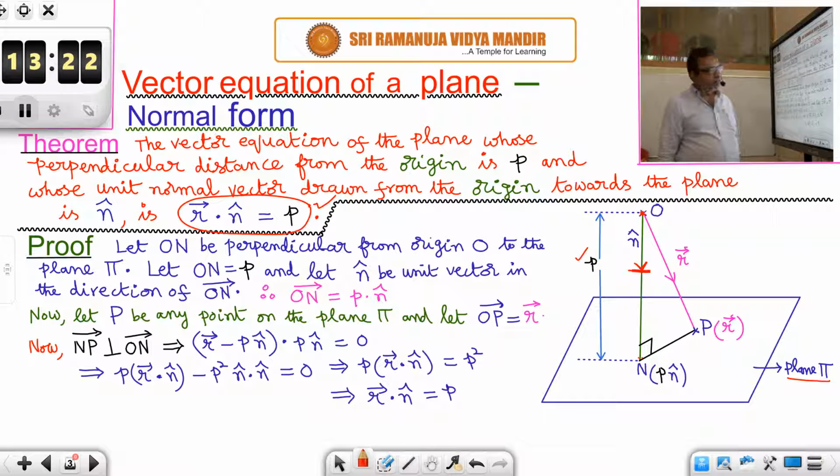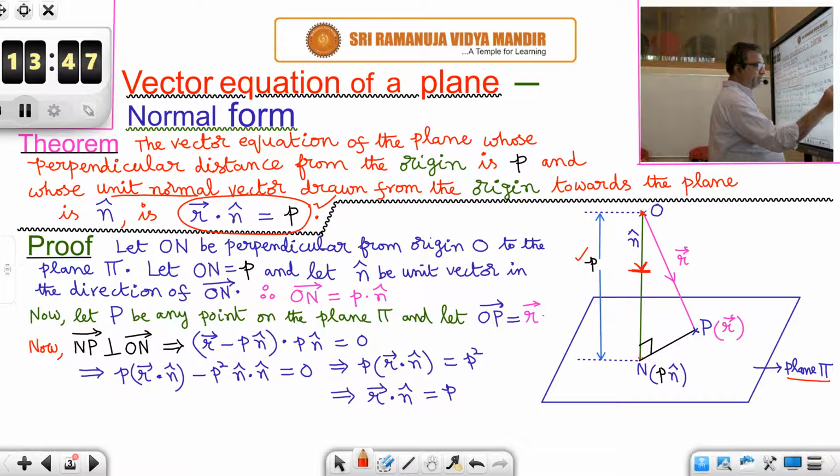It is a unit vector perpendicular, or normal, to the plane. Normal to the plane means perpendicular to the plane. The unit normal vector drawn from the origin towards the plane is n cap.